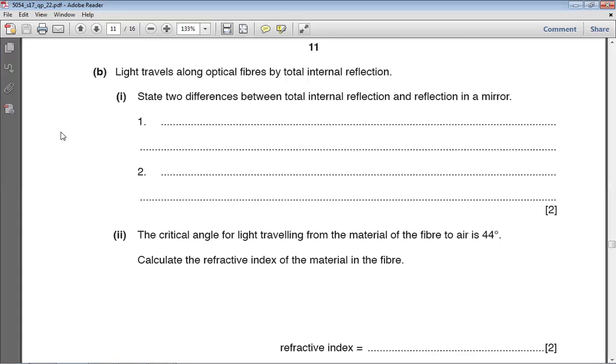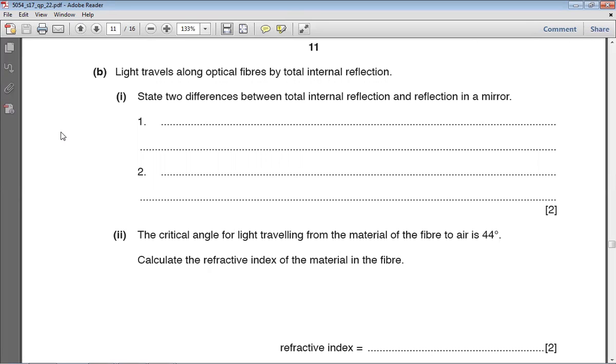Whenever the reflection in the mirror takes place, the value of the angle of incidence can be any value. But in the case of the total internal reflection, the angle of incidence must be more than the critical angle. That's the one difference.